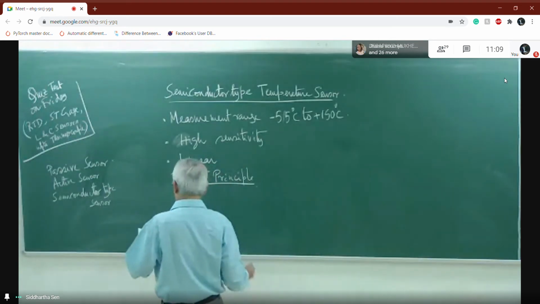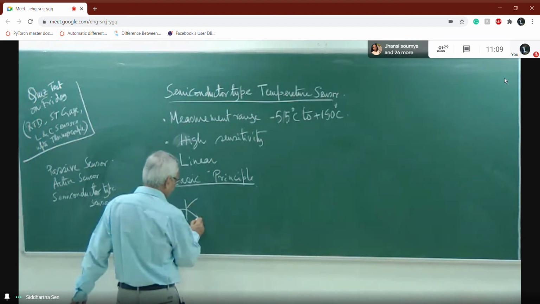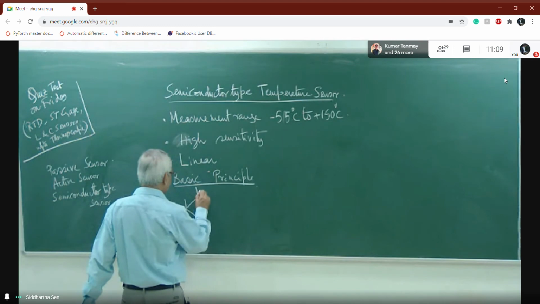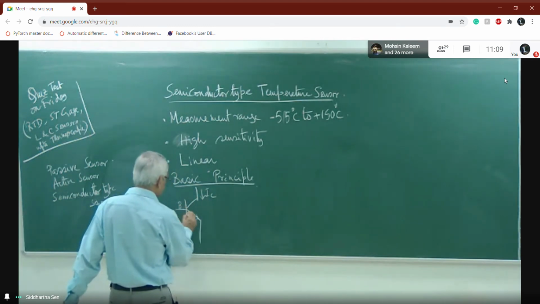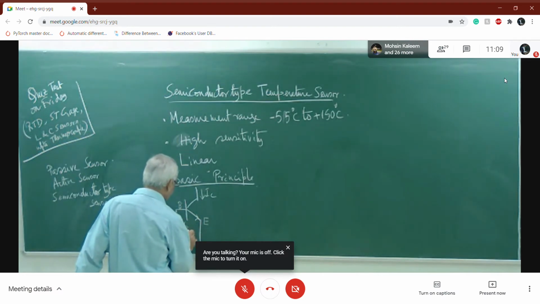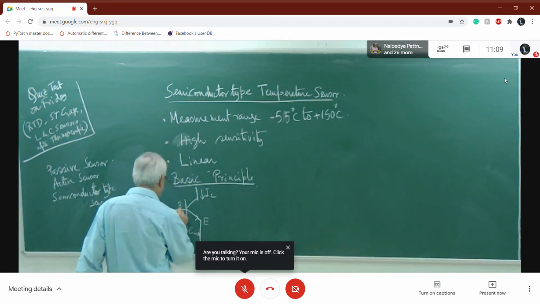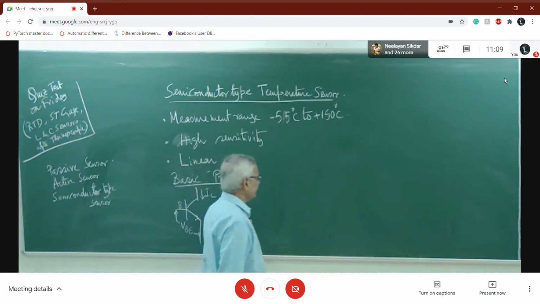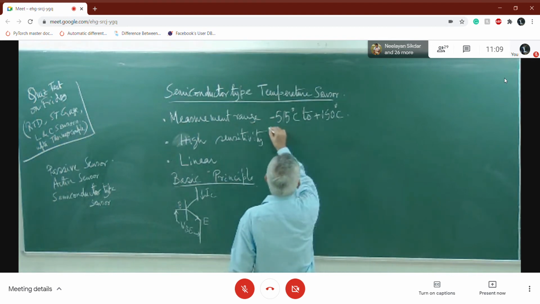We know that if we have a simple transistor, this is the base emitter voltage, VBE. We know the characteristics of VBE.